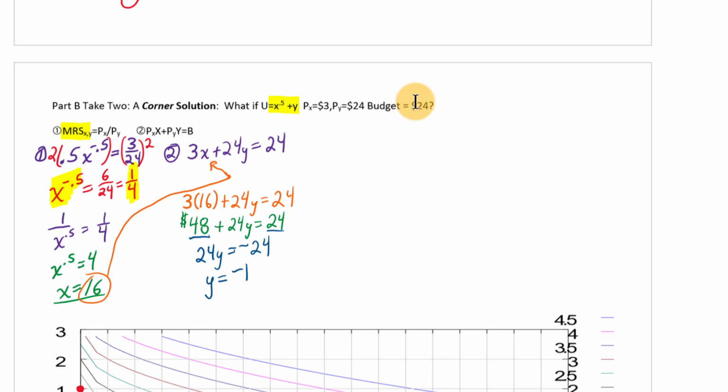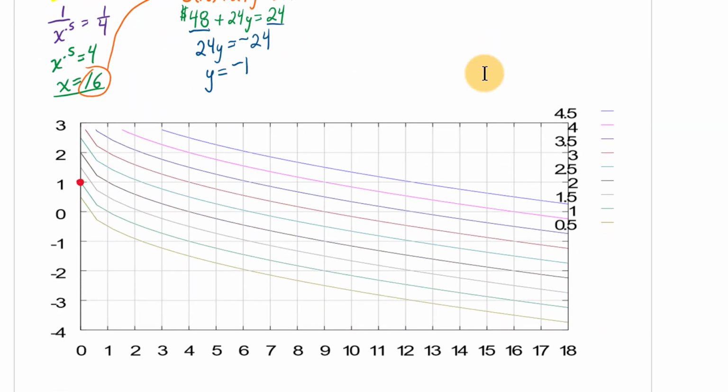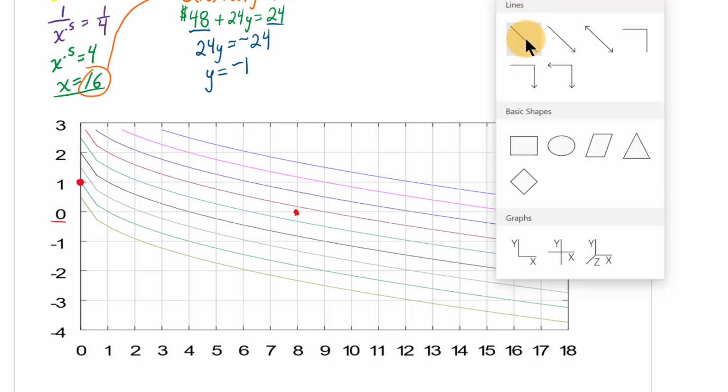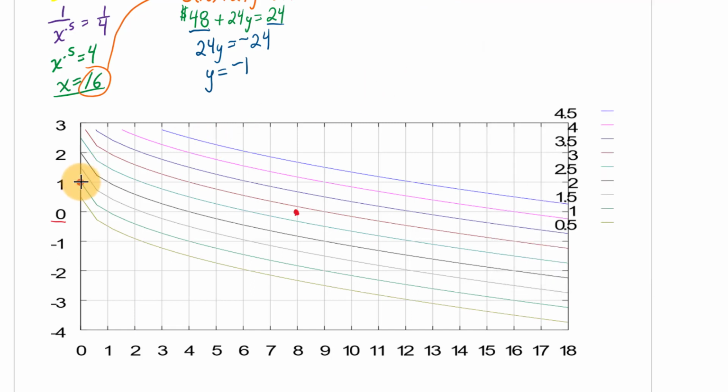If we spent all of our money on x's, 24 divided by 3, we could afford 8. So 0 y's, we could afford 8 x's. Now I'm going to draw this budget line, but I'm going to extend it like this to where it goes into negative y territory so that we can graph what we just saw here.